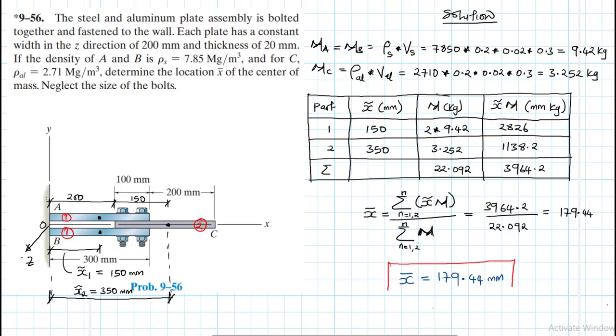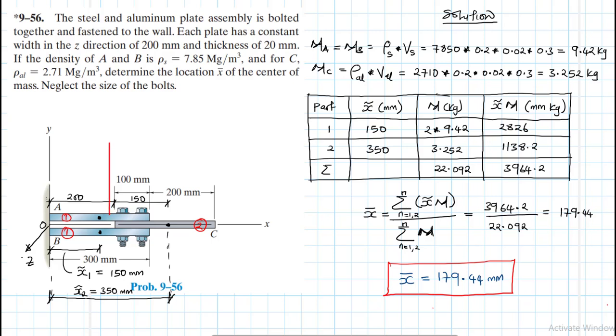So let me show in the figure what this simply means. What we have is the concentration of, let's say, the mass somewhere here. Let me draw this line.